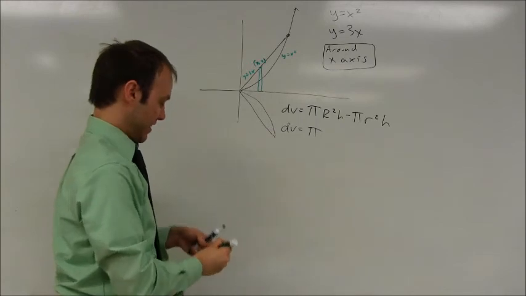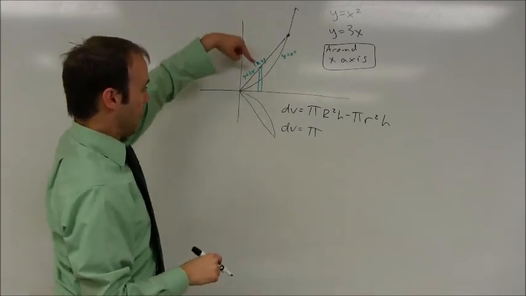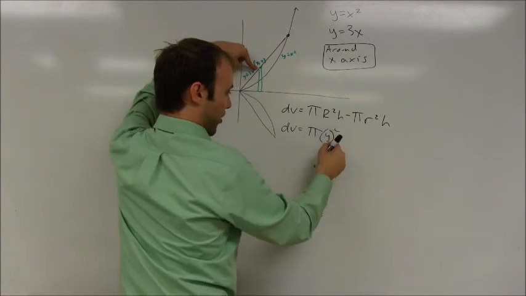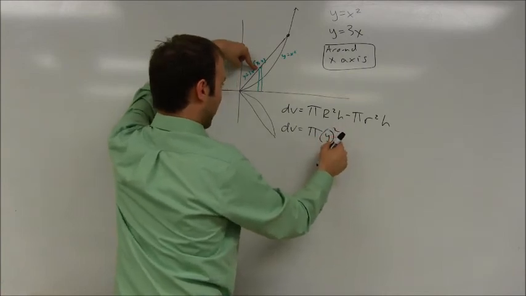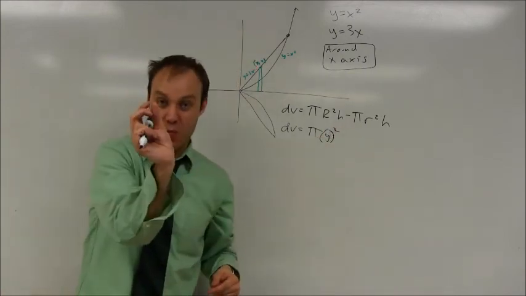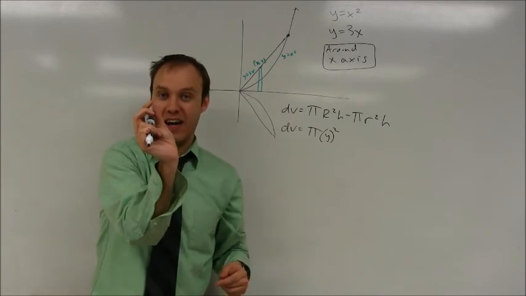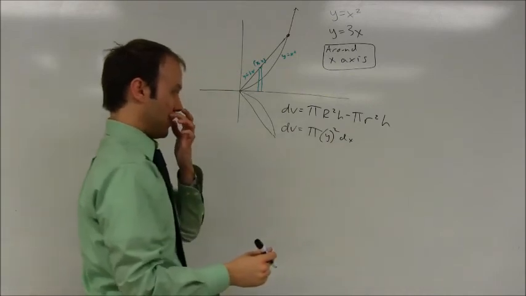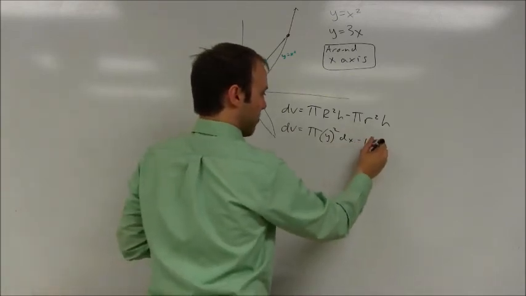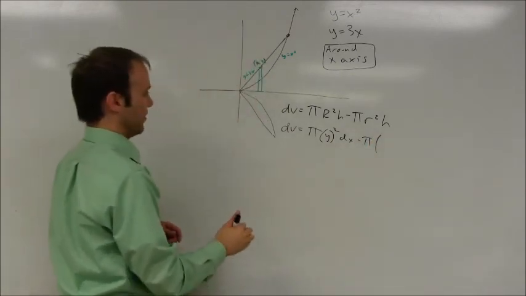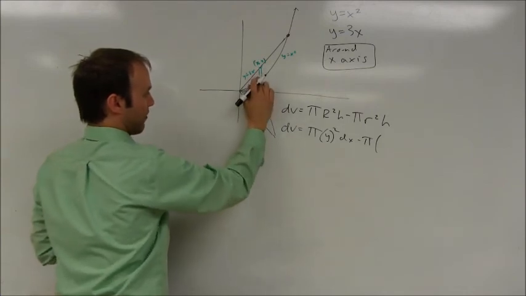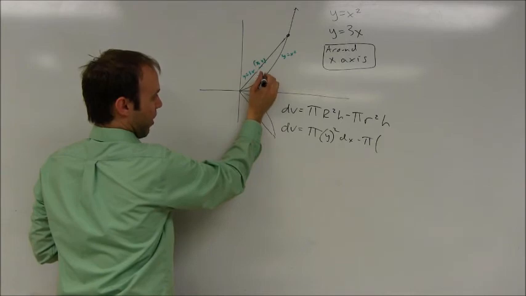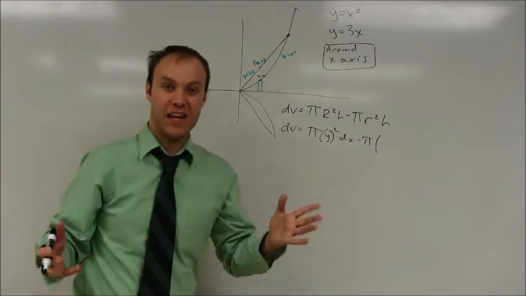Notice the radius in this case, your big radius, is going to be a y value, squared. Put those parentheses in. The height is the width of that thing. It's a thickness, or it's the height of that cylinder technically. That's a dx, telling me everything's got to be written in terms of x, minus pi times the little radius squared. The little radius, of course, is this thing right here. That's an x comma y, or you can call it an x2 comma y2 if you wanted to.